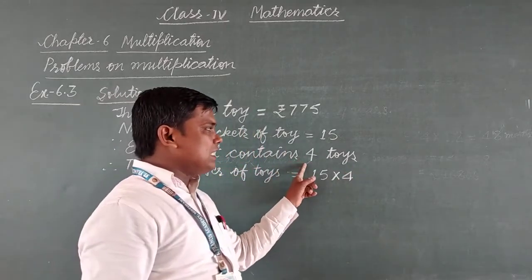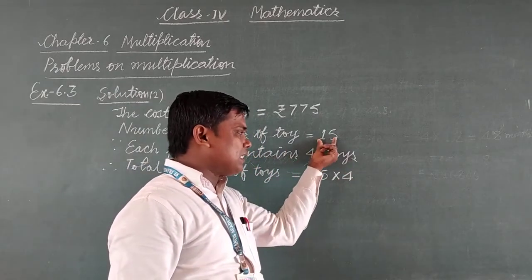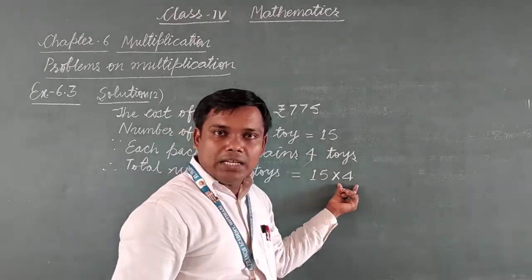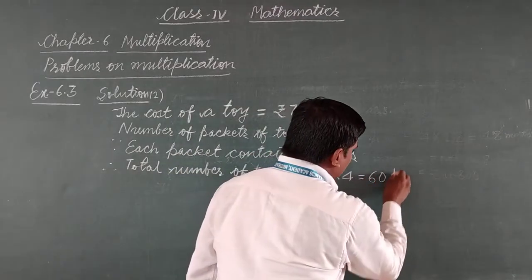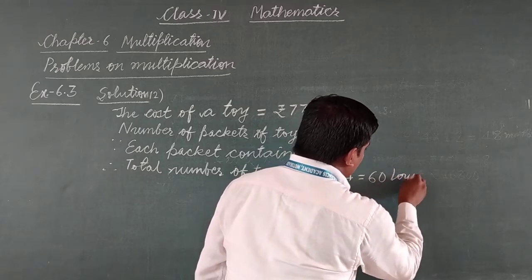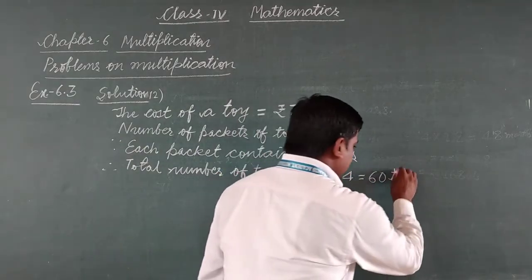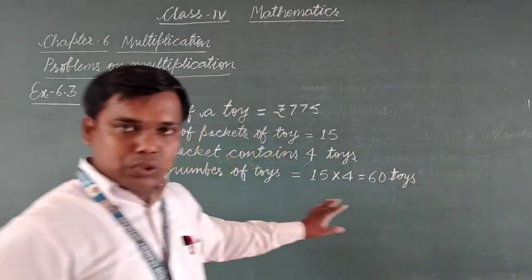One packet contains 4 toys, so 15 packets contains 15 multiplied by 4 means 60 toys. We have total 60 toys.